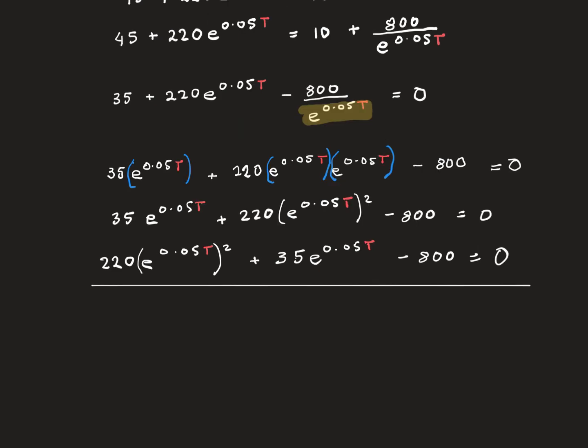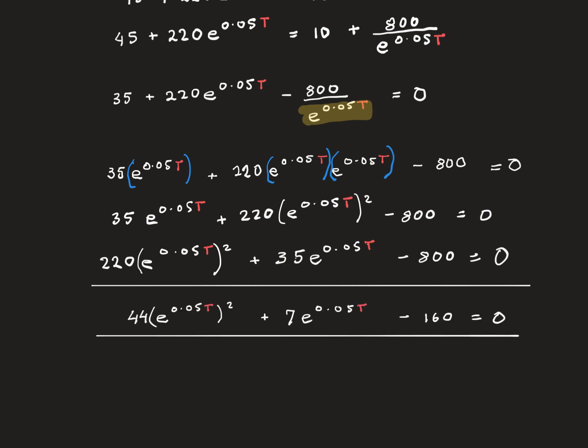You will get a mark for that, even though you could divide everything by 5. You will get a mark for either this or that.